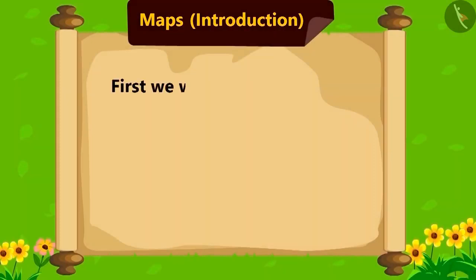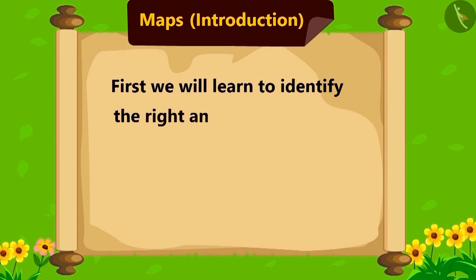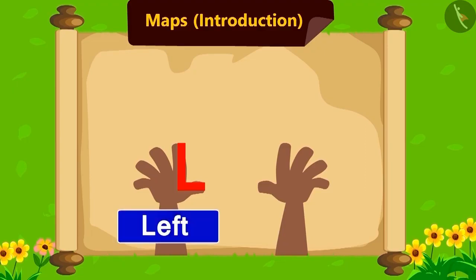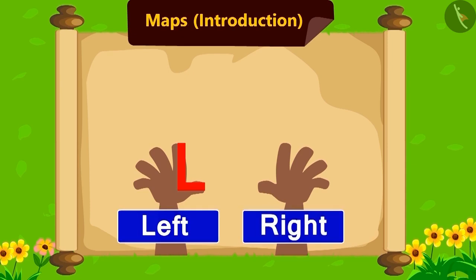First, we will learn to identify the right and the left hands. Keep your both hands like this. Now, in whichever hand you see this type of L, that is your left hand, and the other hand is right hand.